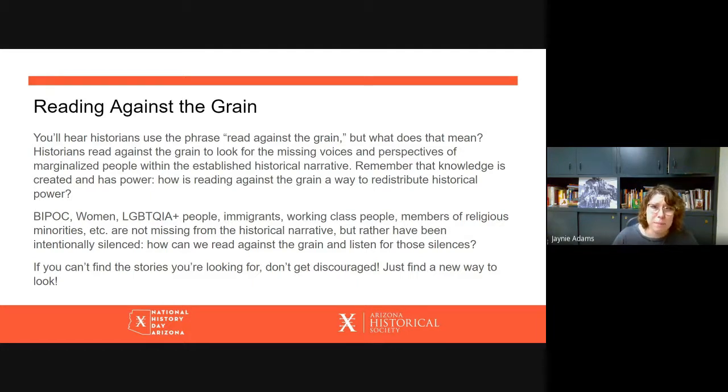It's important to remember that knowledge is created and that knowledge has power. So reading against the grain is a way to redistribute that historical power, the power of being included in the historical narrative. I think that a lot of people, when they look at the mainstream narrative of history, become frustrated because it seems like so many voices are missing from the narrative.